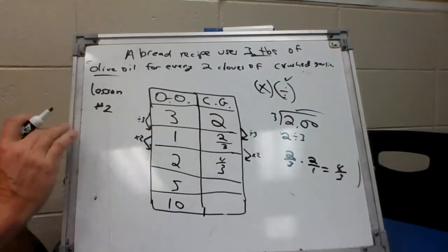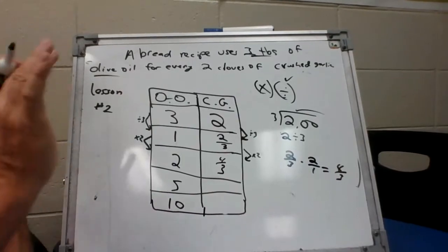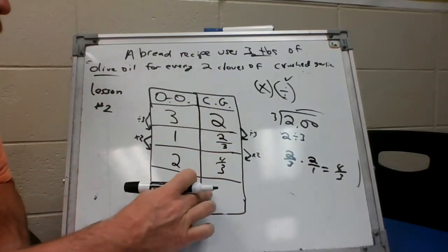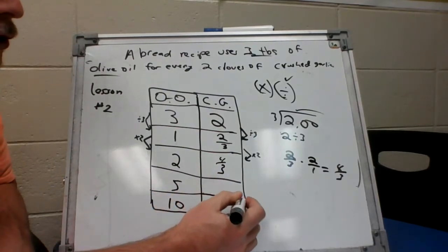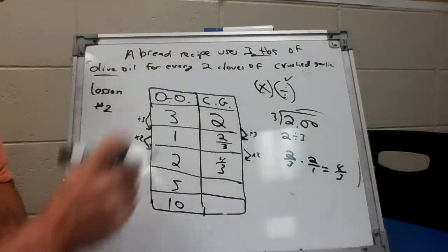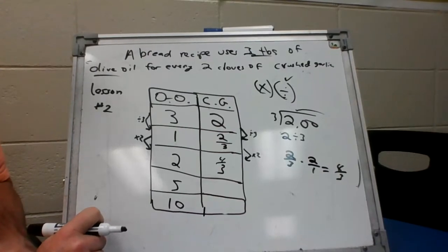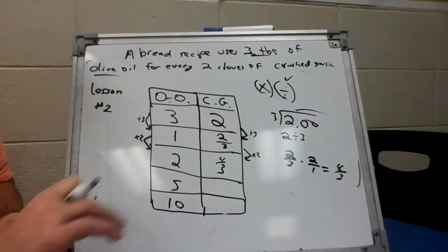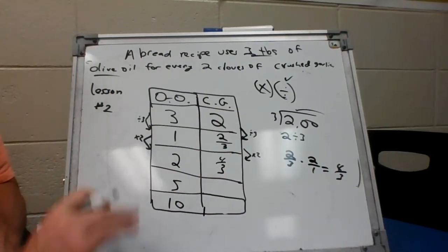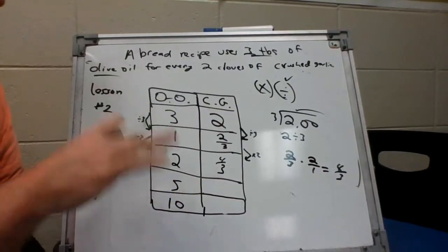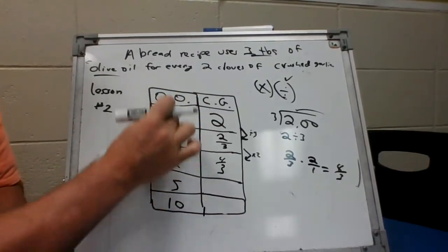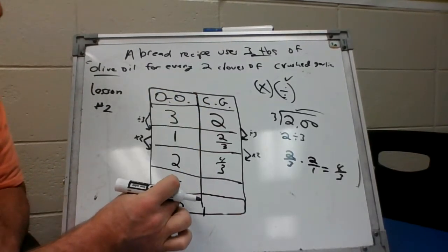So I'm going to let you go from here. If you need further explanation, I don't want to work the whole problem out for you, because I want you to apply and learn and see. Let me just put this out there: there's nothing on this chart where you're going to have to multiply on this side by a decimal or a fraction.